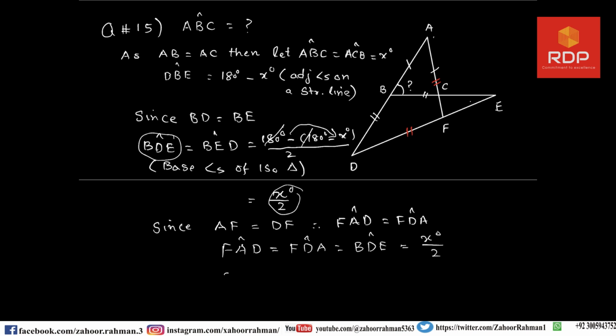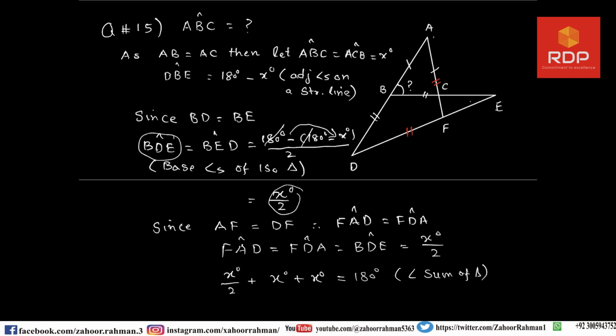Now it is the final fight, and that is x degree divided by 2, plus x degree, plus x degree is equal to 180 degree, and that is the angle sum of triangle, and the triangle is ABC.